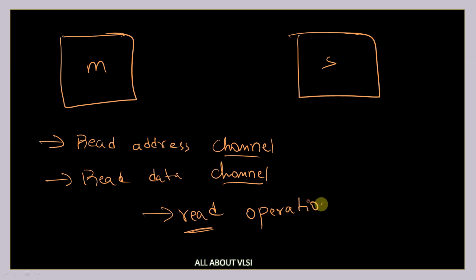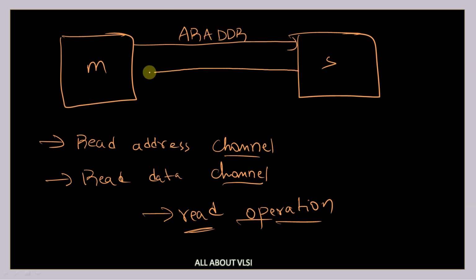If my master wants to perform a read operation, it is going to give the read address information using the read address channel, that is, AR address. Now we have the AR valid signal from the master and the AR ready signal from the slave.